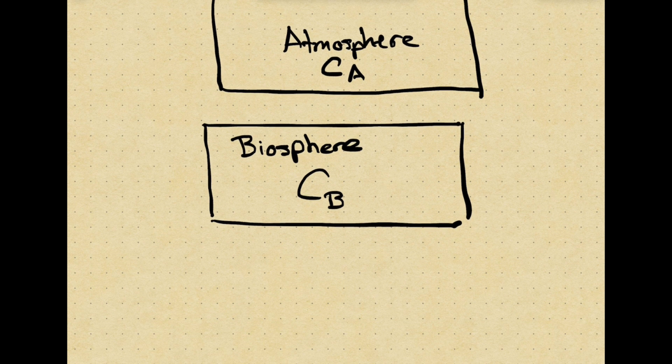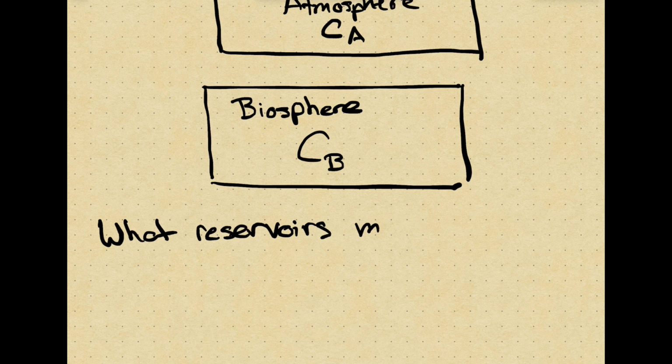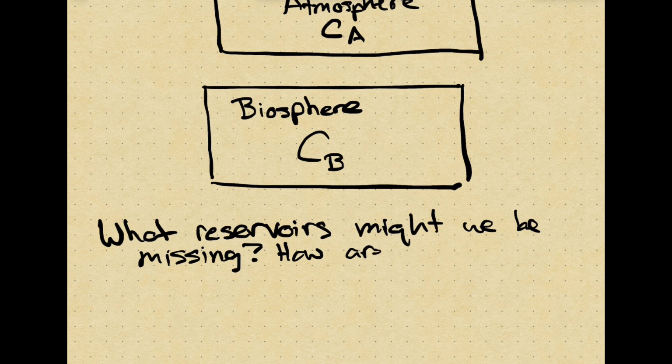So before we go any further, let's take stock of how unrealistic this representation of the Earth's carbon budget might be. Let's make an account of what reservoirs we might be missing, or how these reservoirs are incomplete.